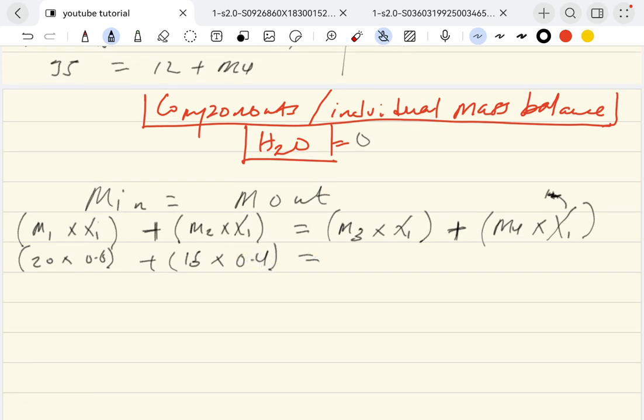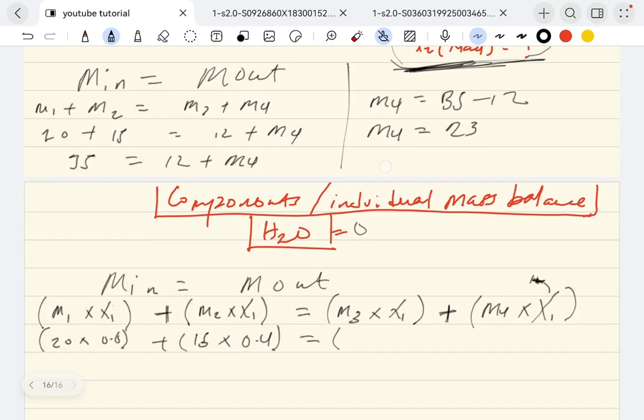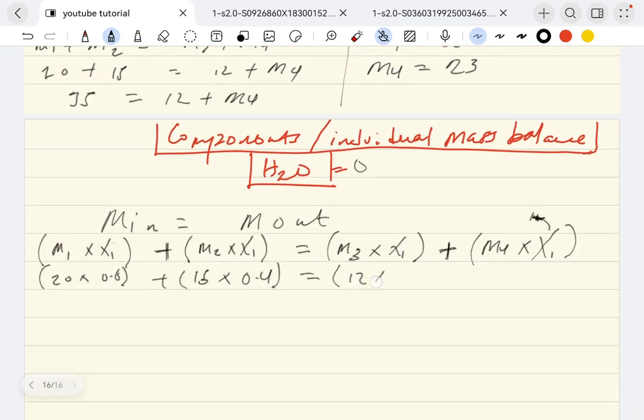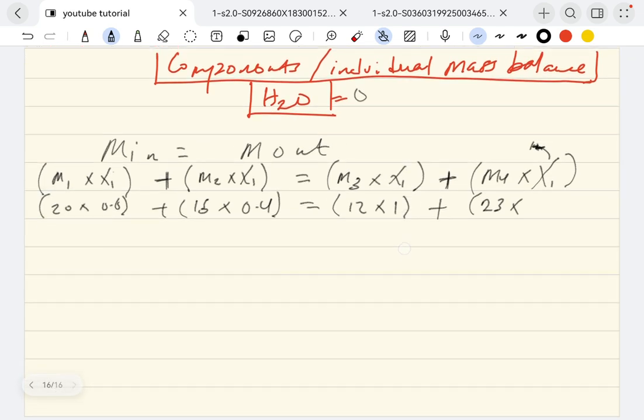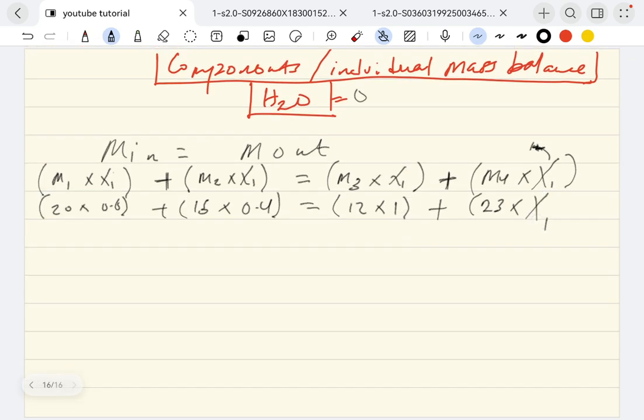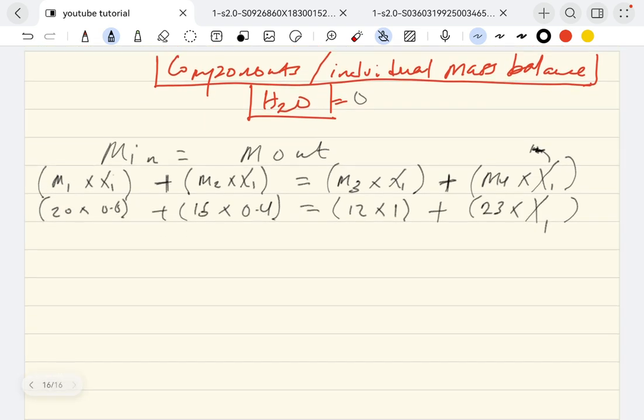Then we equate that. Our M3 is 12, I think. Yeah, it's 12. So 12 multiplied by the fraction, which is 1, which is 100% water. So we write 1. Then our M4 here is 23, because we have already calculated it to be 23. We don't know the fraction of water from that; we are calculating for this fraction of water, x1.